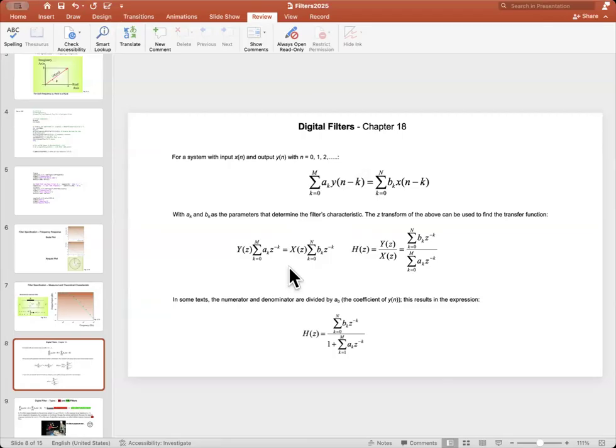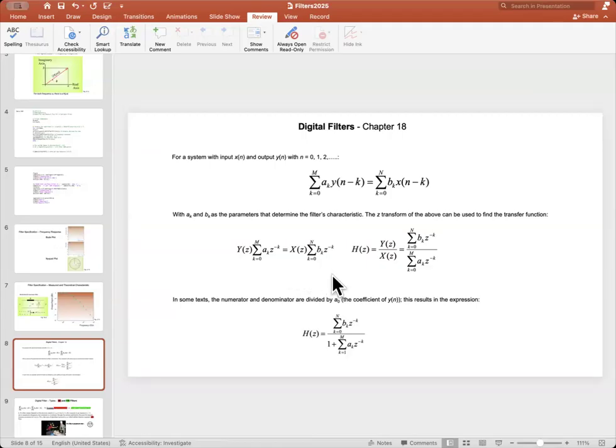You can see it is nicely determined by these coefficients A and B. So you would know the digital filter completely if you knew all the coefficients A and B. The good thing is that in the literature, in the book, and also in MATLAB, these coefficients are indeed also called A and B. So that makes life easy.